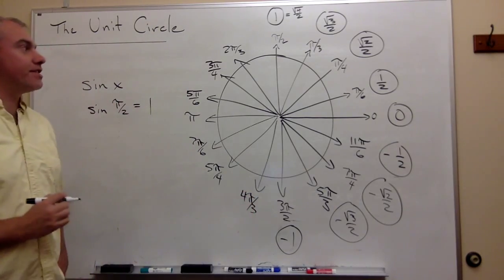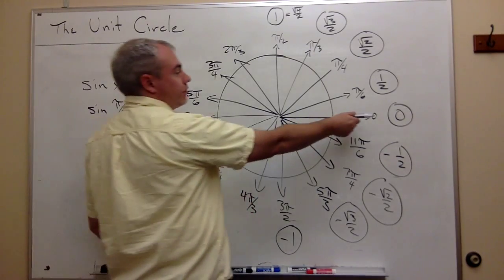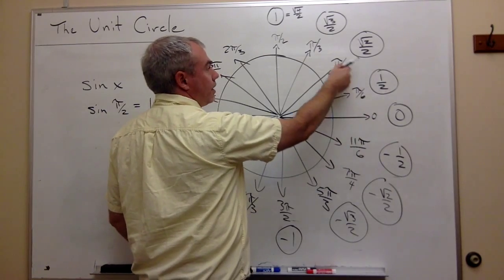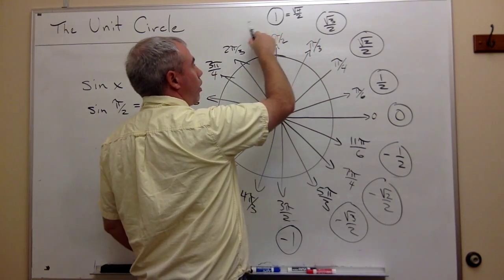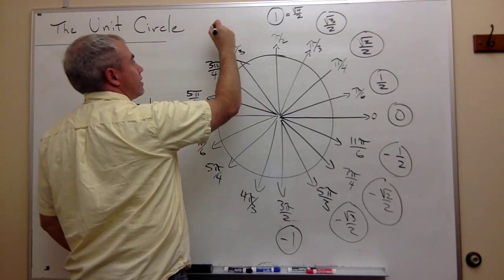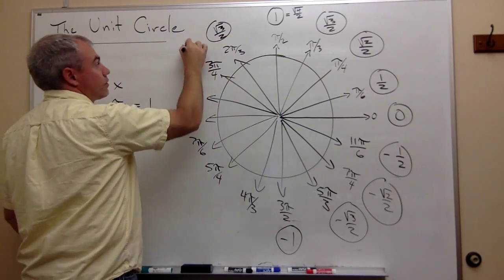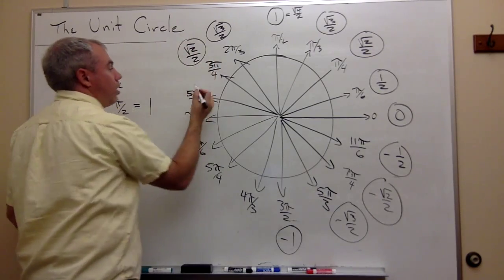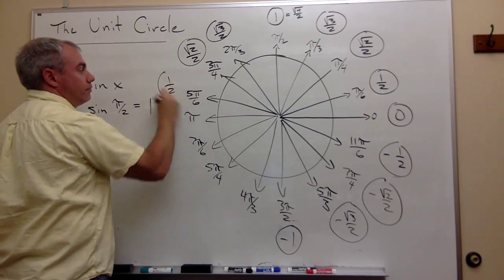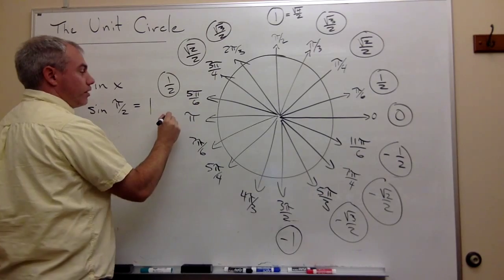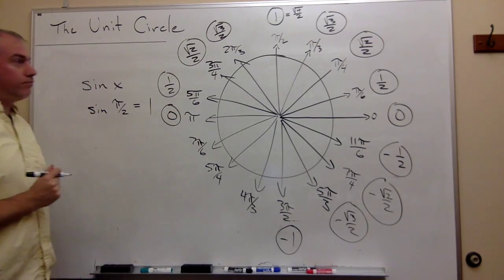And then we can put in the sine values. Because notice we're counting up here. 0, 1, 2, 3, 4, 3. So this is square root 3 over 2. 2, square root 2 over 2. 1, 1 over 2. And 0, so it's just 0.